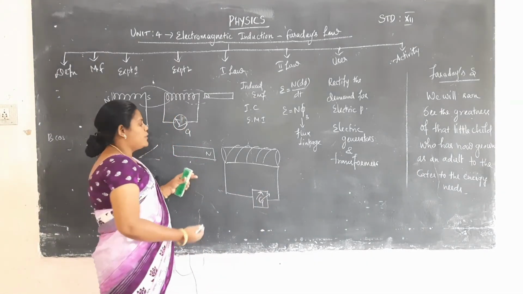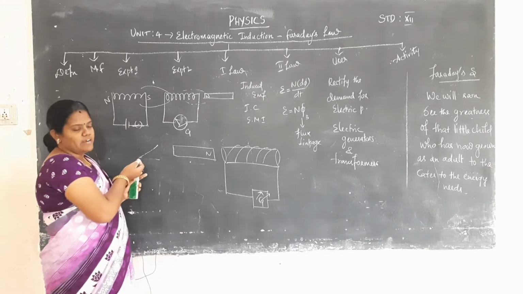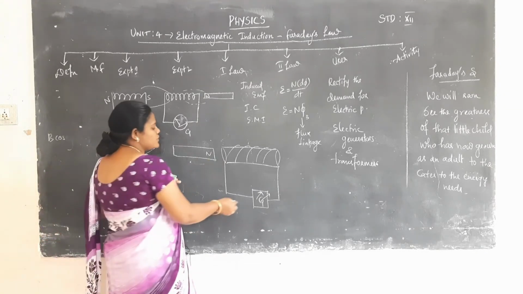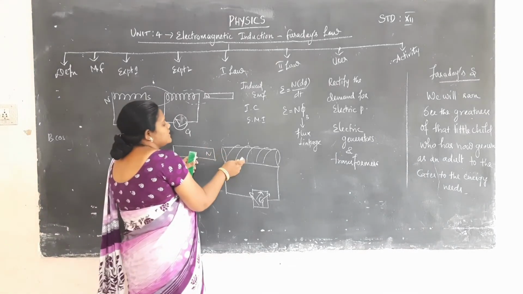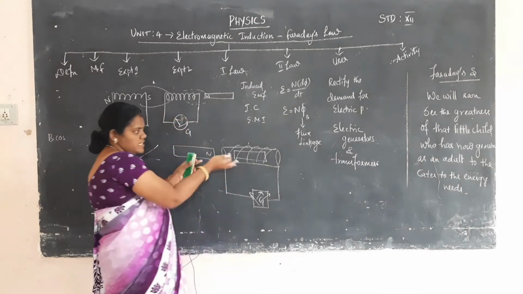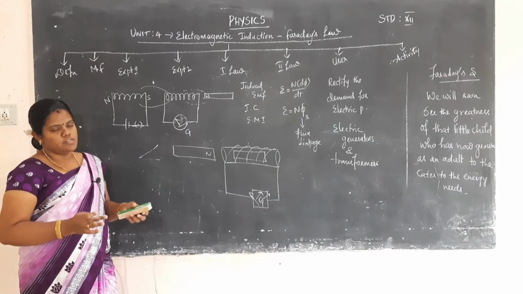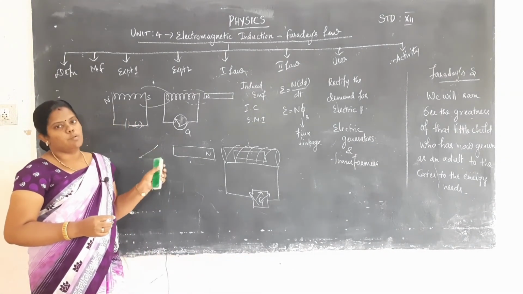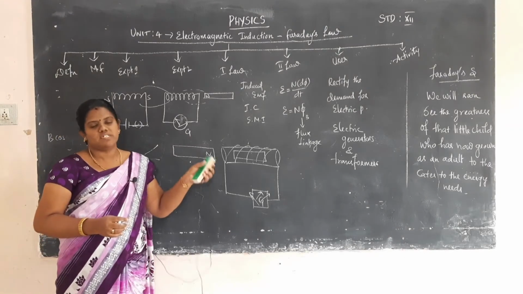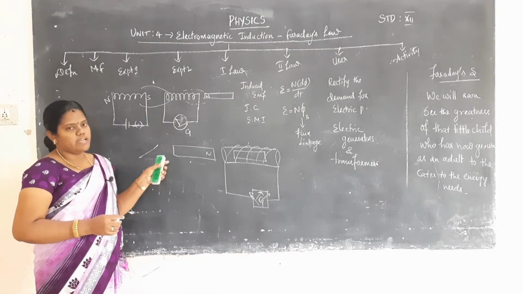If you move the magnet away from the coil, the galvanometer shows the opposite deflection. If you keep the magnet inside the coil, there is no deflection at all. So this is the activity to explain electromagnetic induction, to explain Faraday's first law.